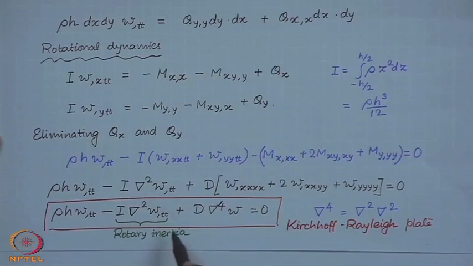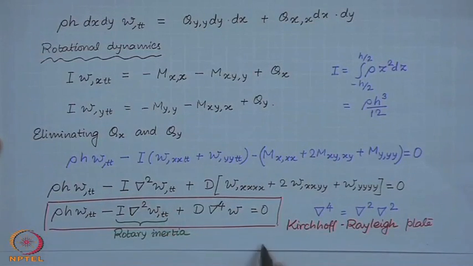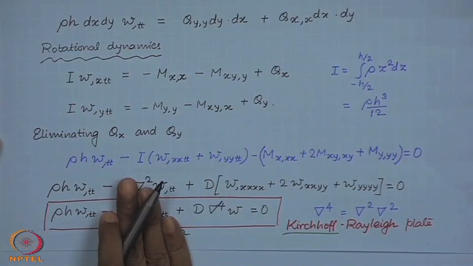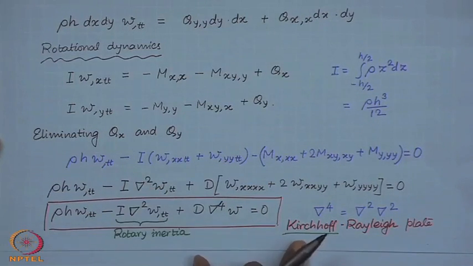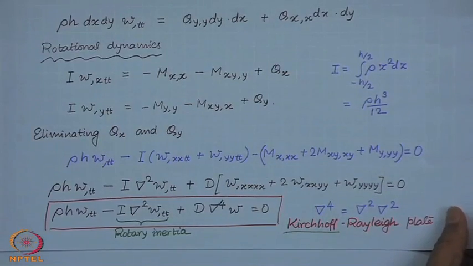So, if you drop this rotary inertia term, assuming that the moment of inertia is very small, then you have the Kirchhoff plate model. With the rotary inertia term, it is called the Kirchhoff-Rayleigh plate model.